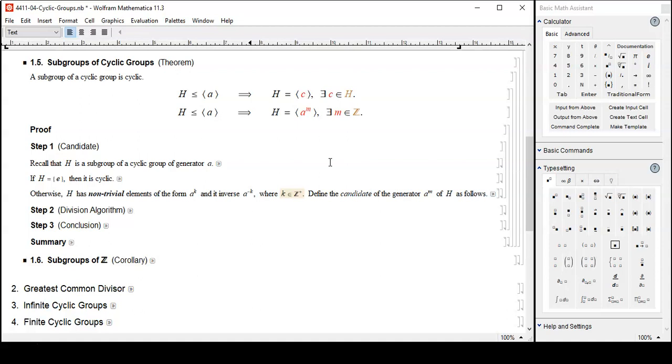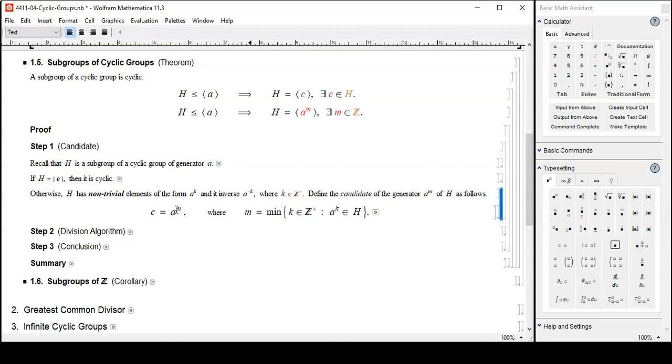Now pay attention to this groundwork because that's going to be absolutely necessary. We define C as a to the m power like this, where m is the minimum of this subset of Z plus.